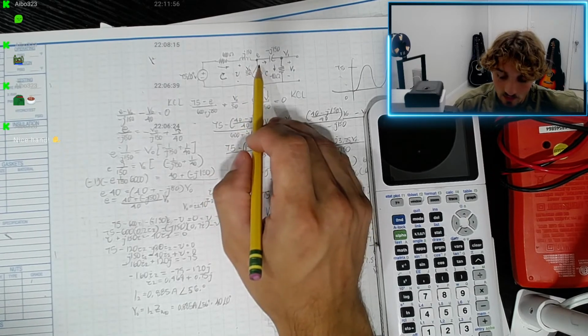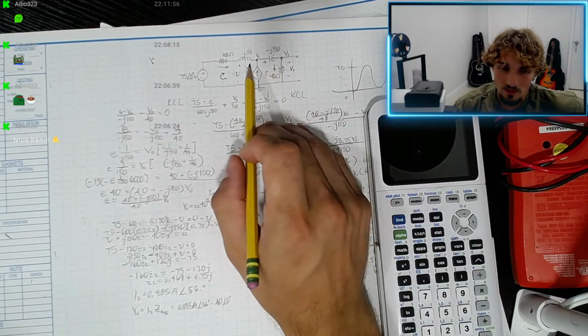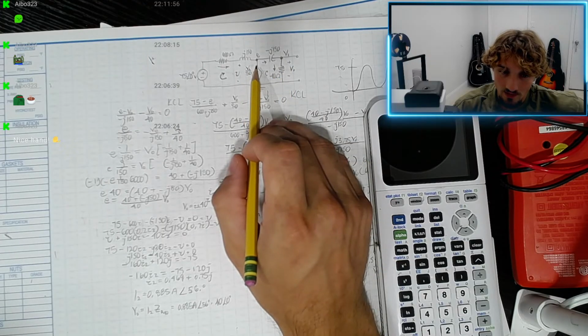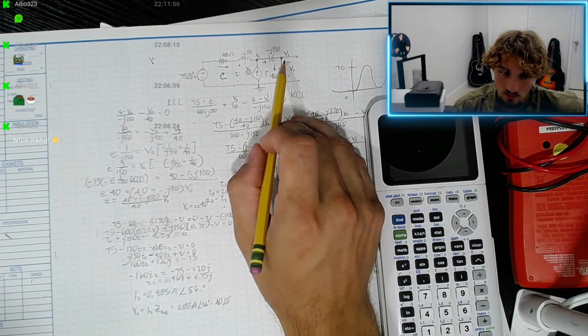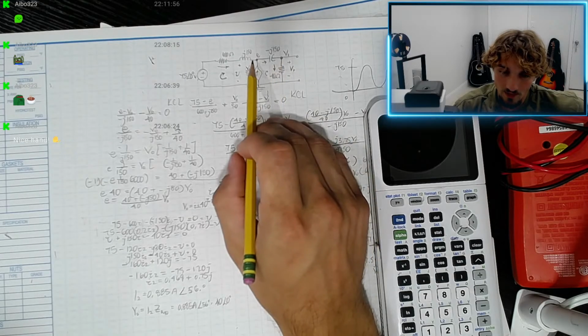So that's V1. First, V out minus V1 divided by negative j150 plus V out minus V1.